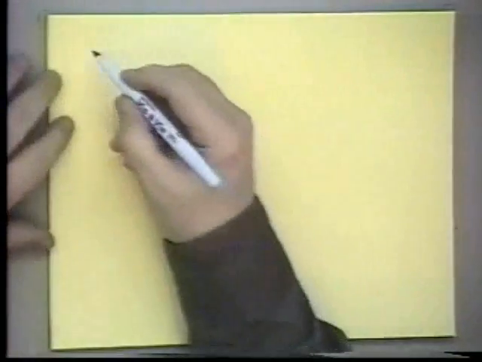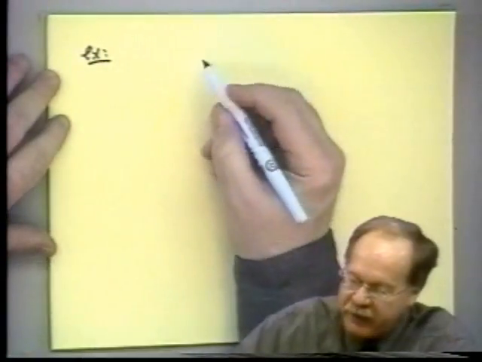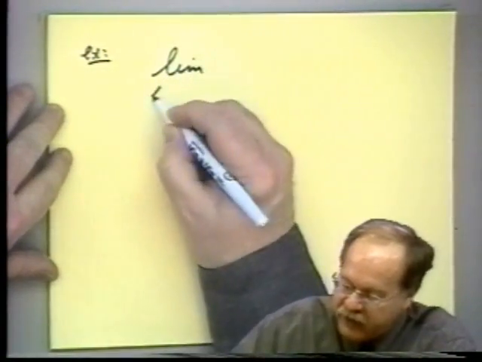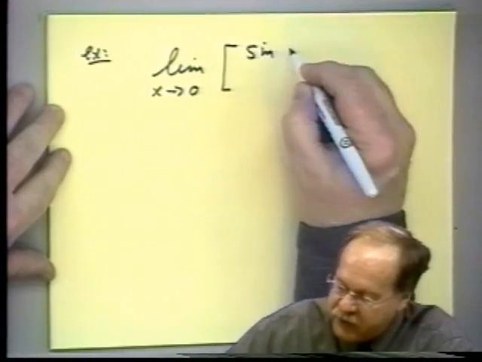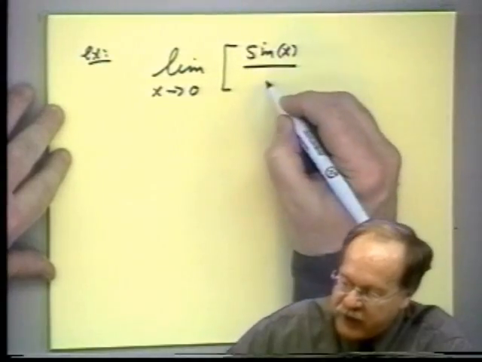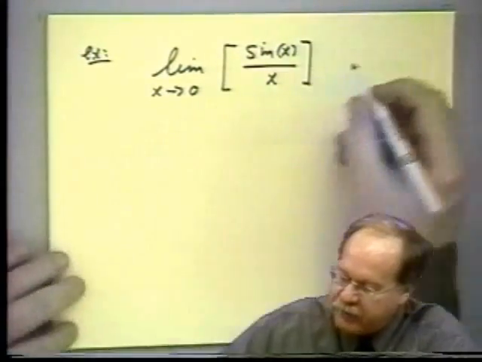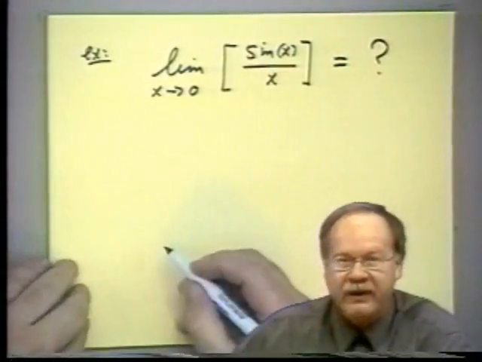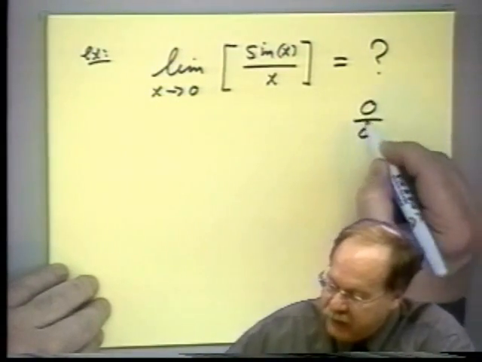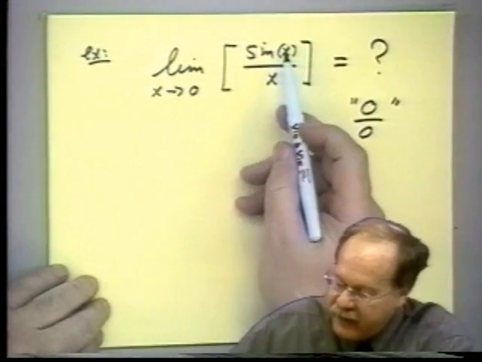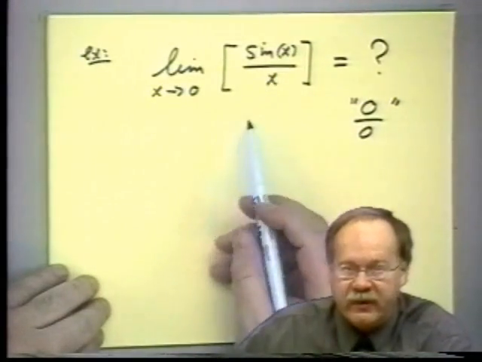Let me show you one example of a function that we won't examine now, and its limit, that cannot be handled in this way. Algebra is insufficient. If you have the function sine of x over x as x approaches 0, what could that possibly be? It apparently is indeterminate yet again. The sine at 0 is 0, and of course x is 0.